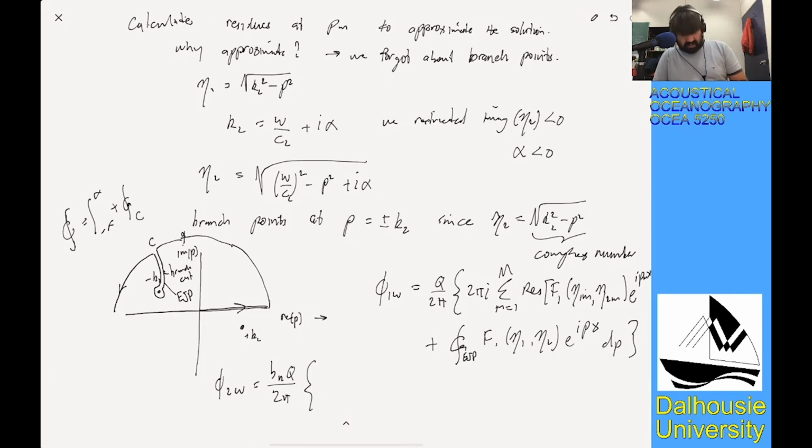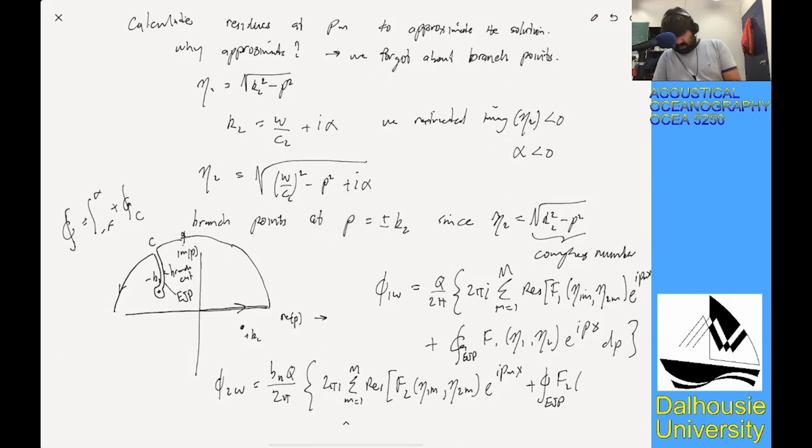It was this 2 pi i times the sum of the residues, so the etas evaluated at the poles, e to the i p_m x, and then plus this EJP cut, f2, oops, eta 1, eta 2, e to the i p x dp. Okay.